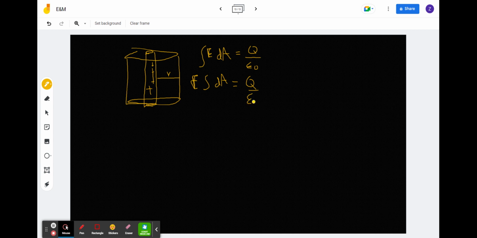The integral of dA is just A. And I don't know if I was clear about this, but the reason the integral of dA is just A is because we're just saying add up the area of all these little pieces dA.